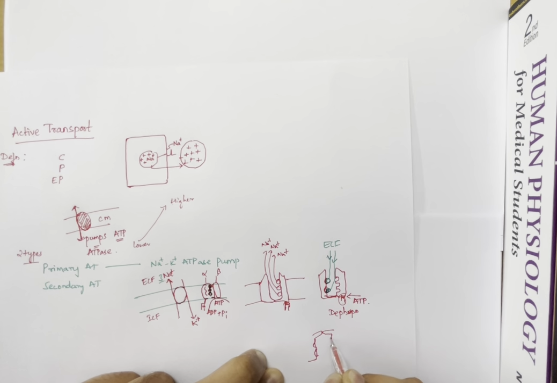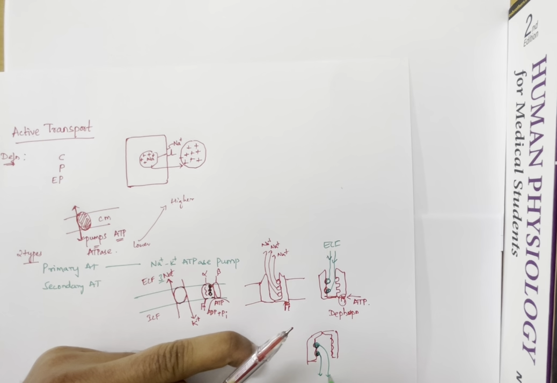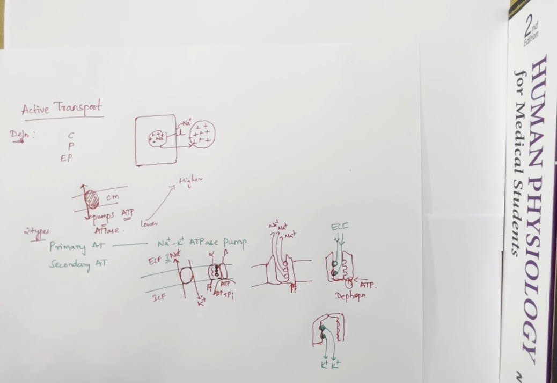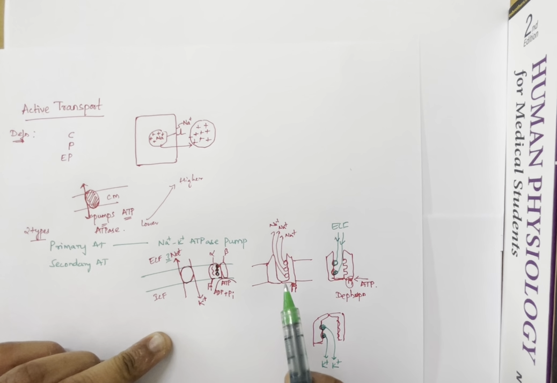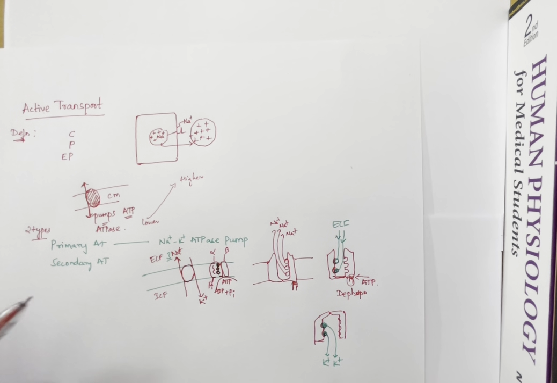So those potassium ions which are bound here can enter into the cell. So this is how 3 sodium ions are pumped out and 2 potassium ions are pumped into the cell by the action of sodium potassium ATPase activity.